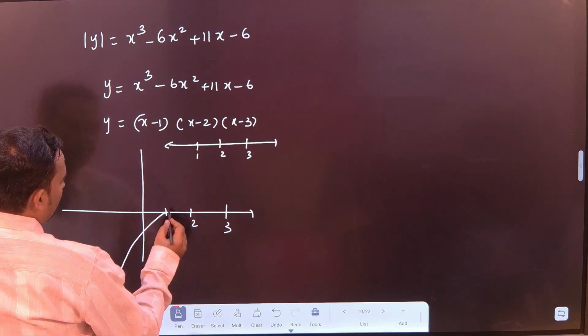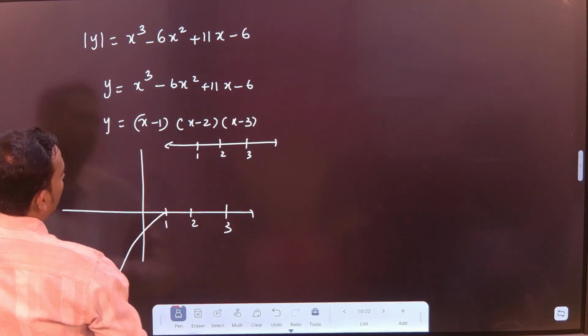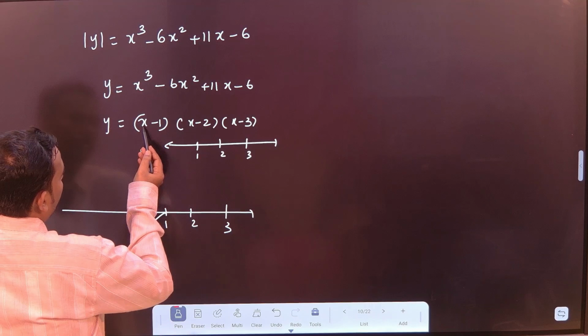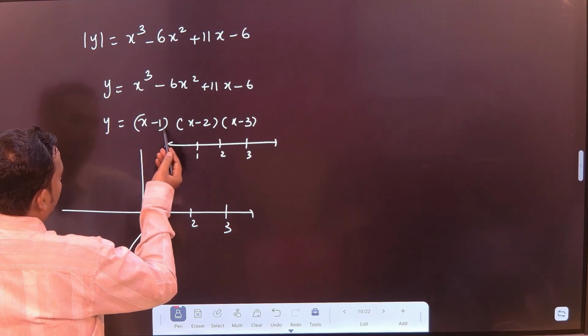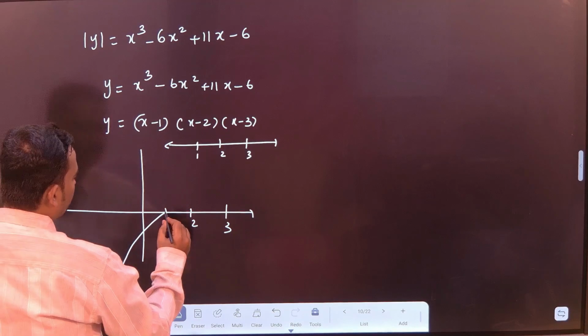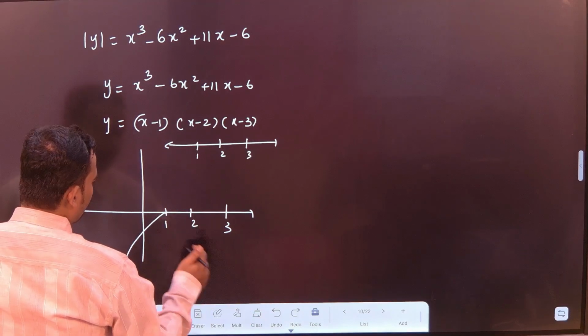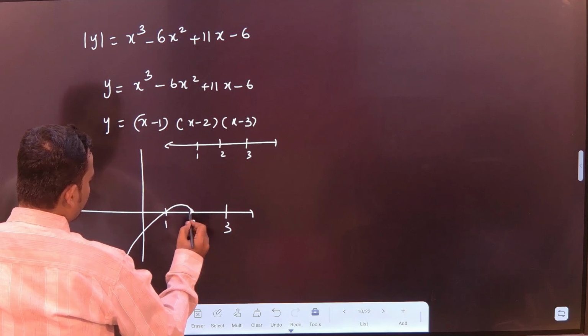So decreasing. When you take 1 to 2, let's take 1.5. This is positive, one factor is negative, another is negative, its product is positive. So this is somewhere here. It is increasing.